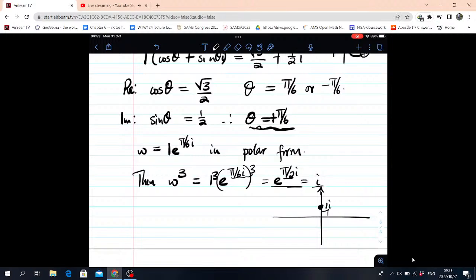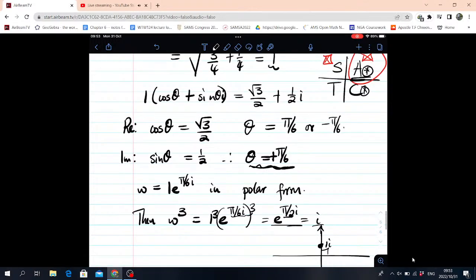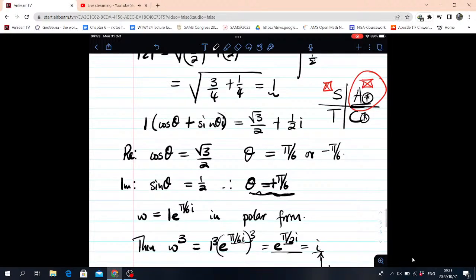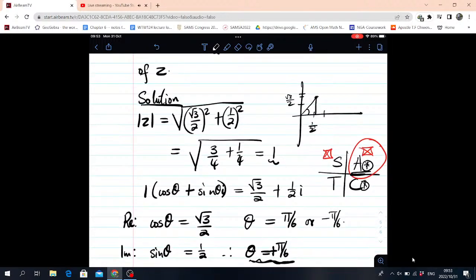But yes, that one works, because if you draw a little triangle here, you can see that this is root 3 over 2, and then this is half. And because we want this angle, we can say opposite over adjacent, so half over root 3.